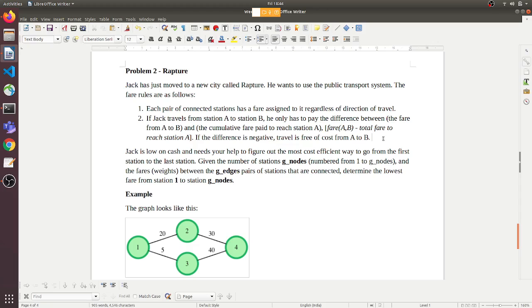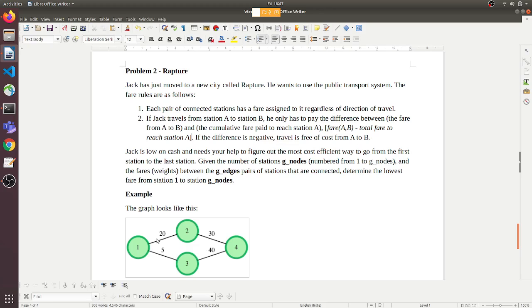And if Jack travels from station A to station B, he only has to pay the difference between the fare from A to B and the cumulative fare paid to reach station A. So that is fare(A, B) minus total fare to reach station A. And if the difference is negative, then the travel is free of cost from A to B.